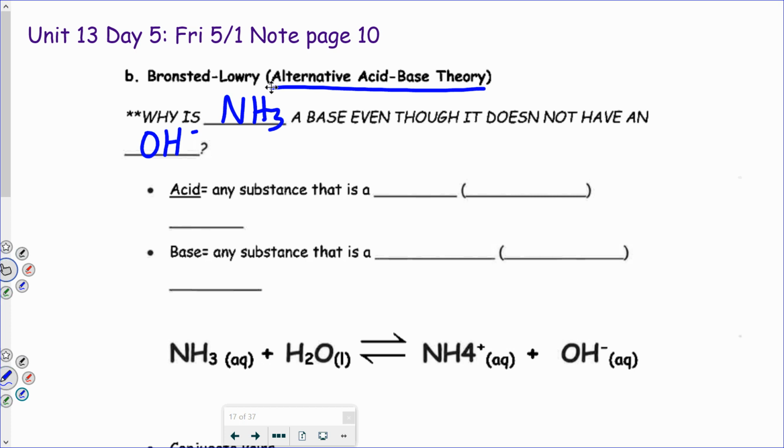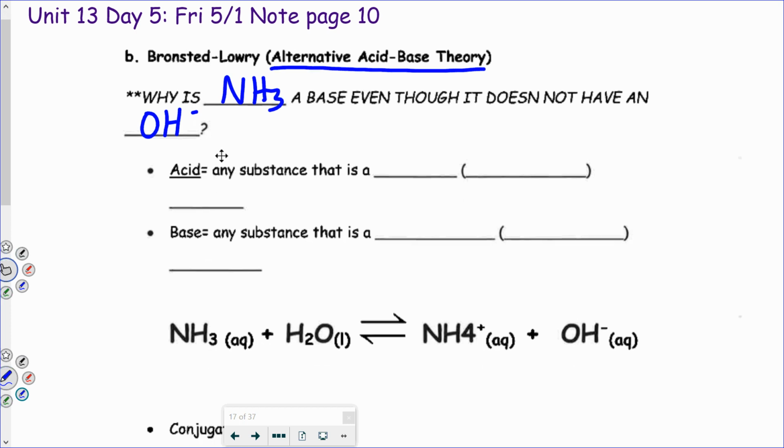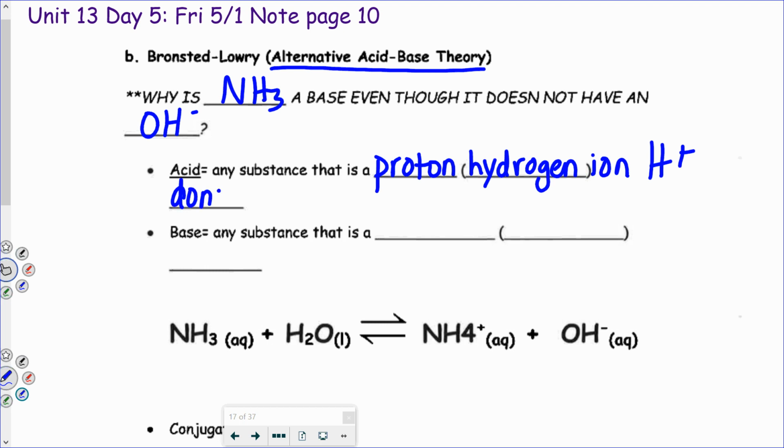The Bronsted-Lowry theory actually defines acids and bases a little differently than the Arrhenius theory. In the Bronsted-Lowry theory, an acid is defined as any substance that is a proton, and we're going to represent a proton as a hydrogen ion, H+. So an acid is a proton donor. That's how they define an acid.